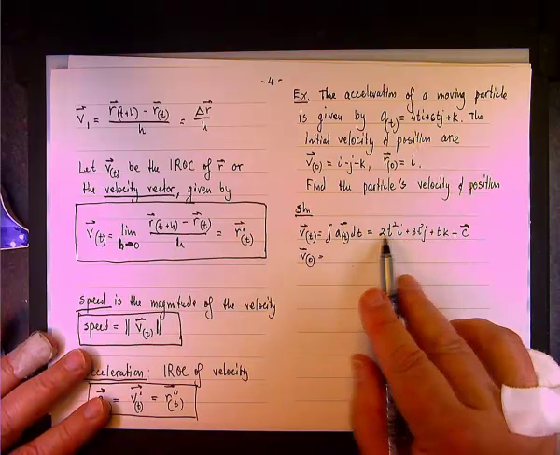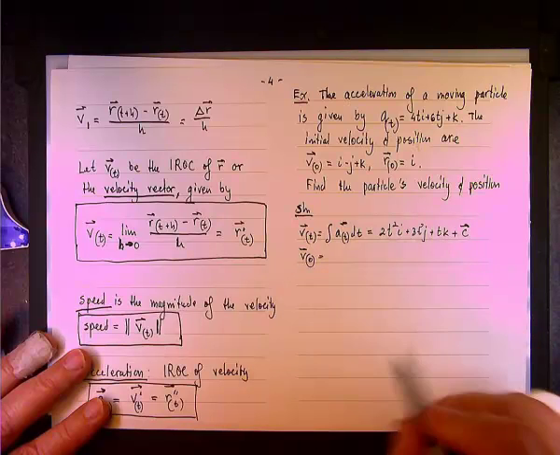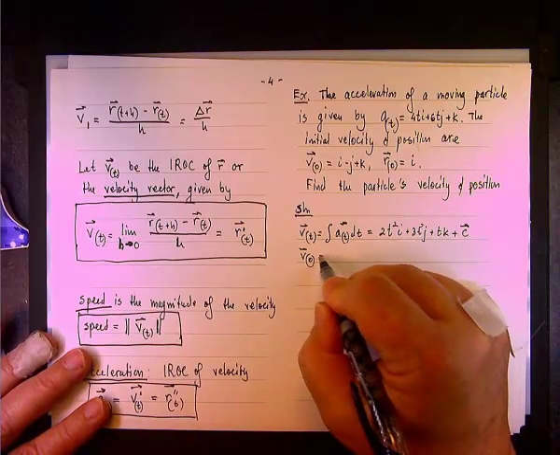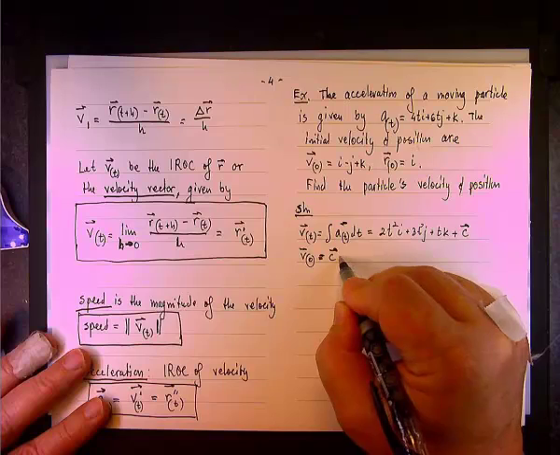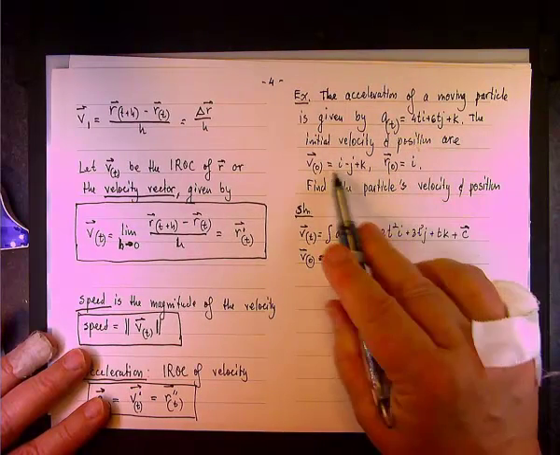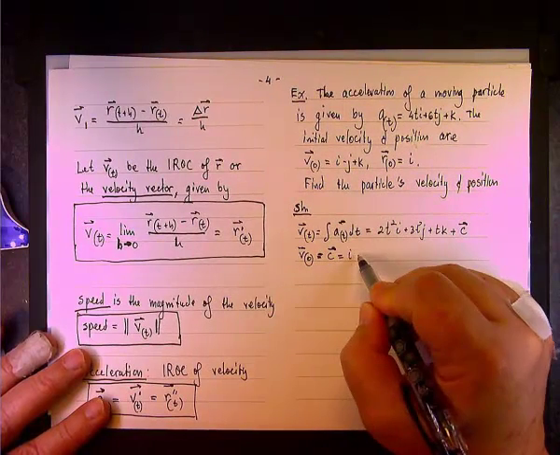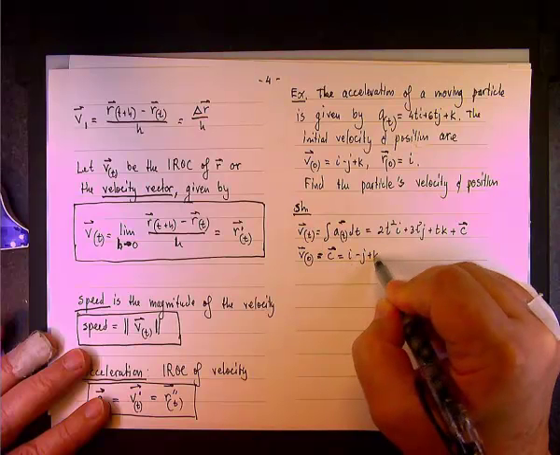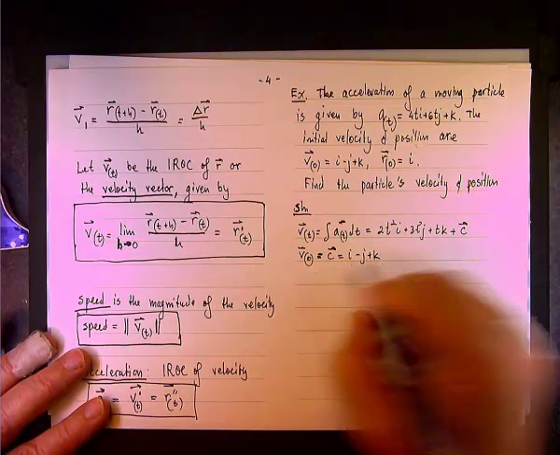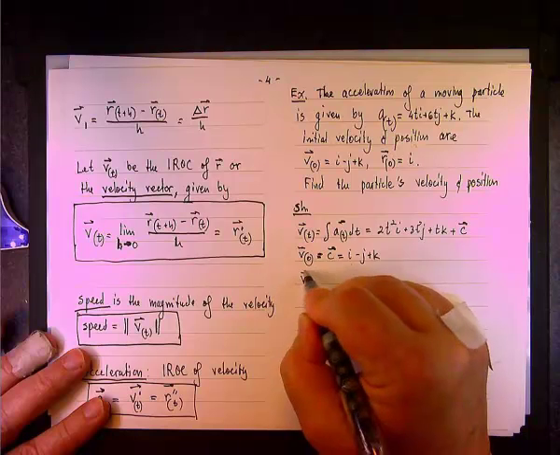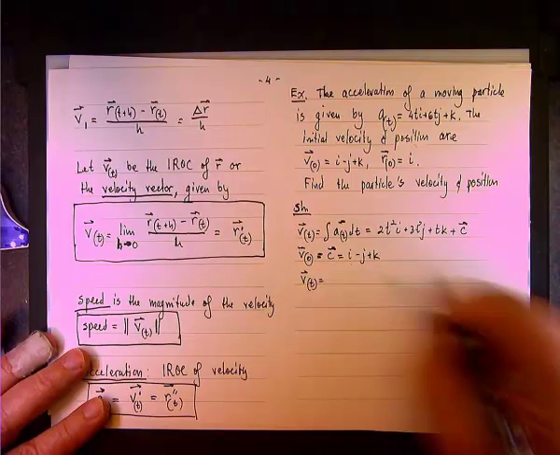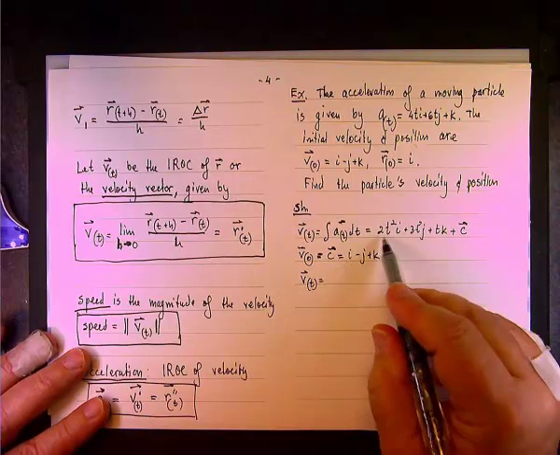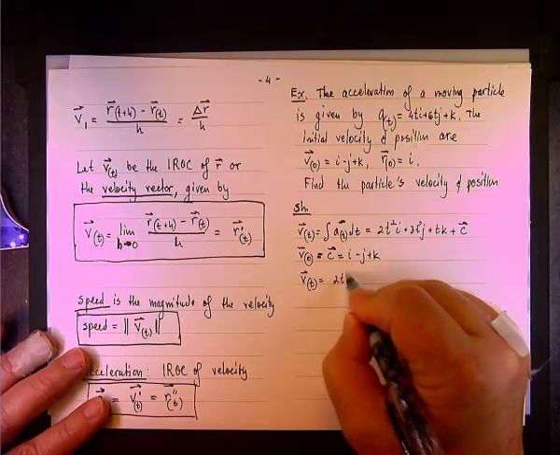Well, we'll see what happens when t equals 0. So v at 0, you replace everything with 0, all those ijk terms disappear, and what you have is that vector c, and you know from the data that it's i minus j plus k.